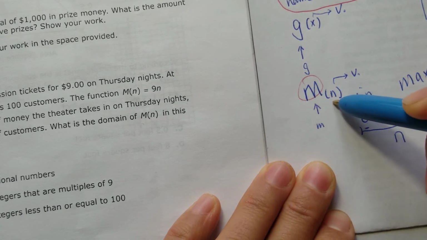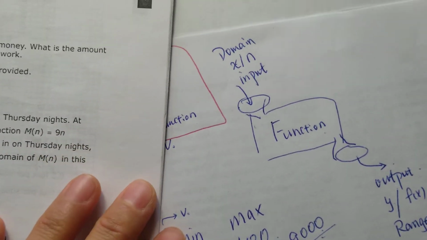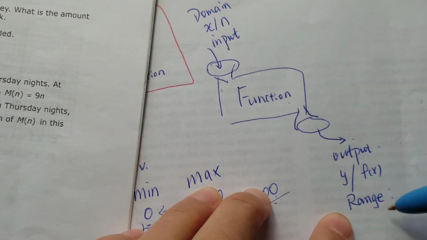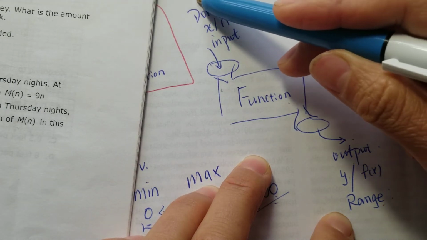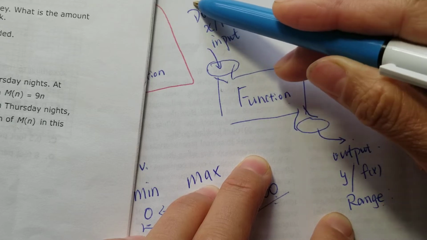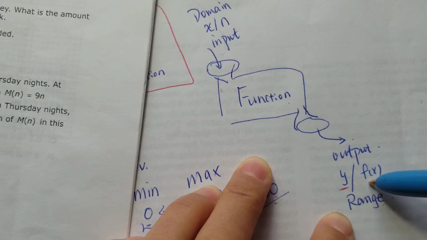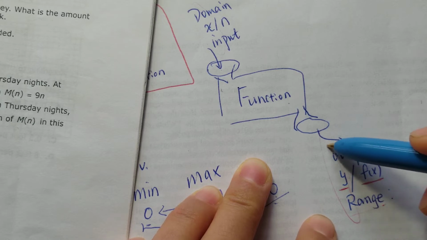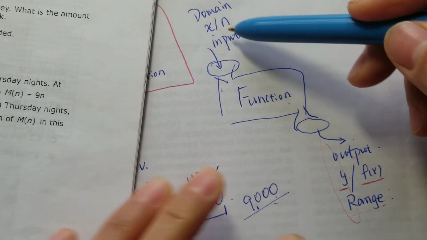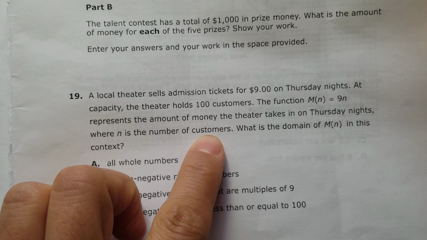It also tests you on the domain and the range, where input, x, and the domain are talking about a similar thing, and your output, or your y, or f of x, or range are talking about a similar group. So when you talk about the domain, think about what n represents.